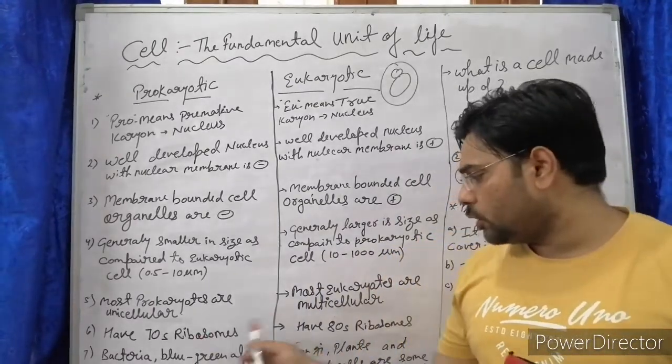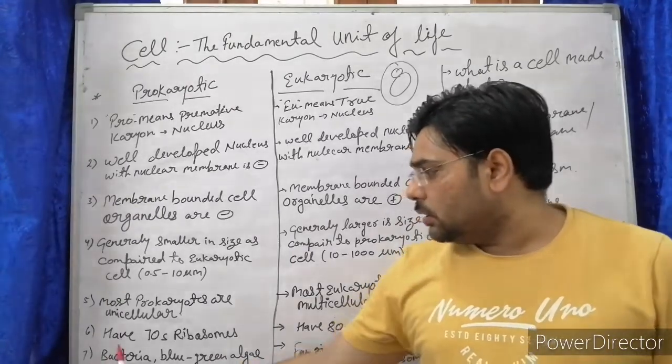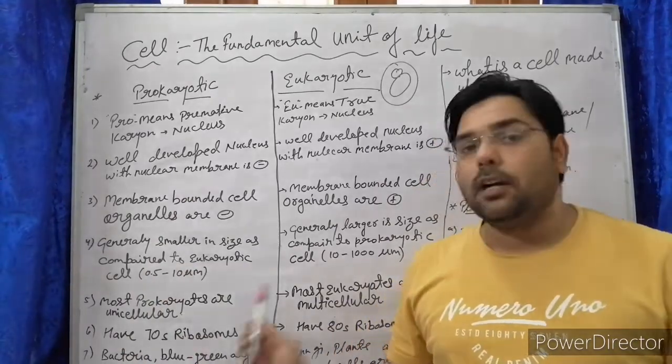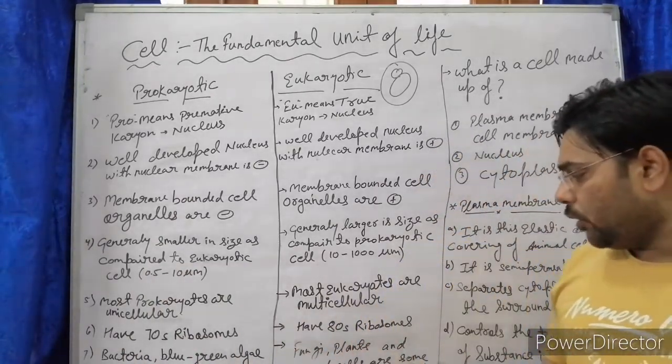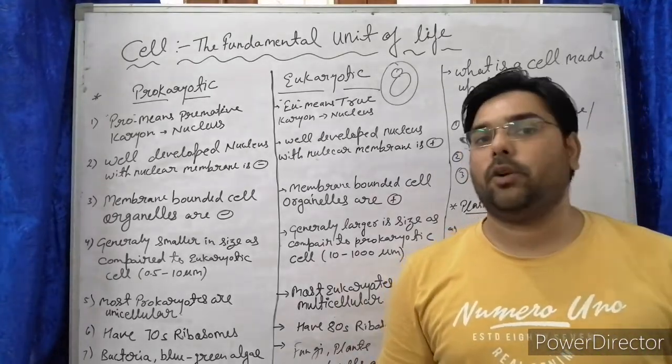So this is also a difference on the basis of ribosomes. Next, examples of prokaryotic cells are bacteria, blue-green algae, etc. And in eukaryotes, fungi, plants and animals are examples of eukaryotic cells.